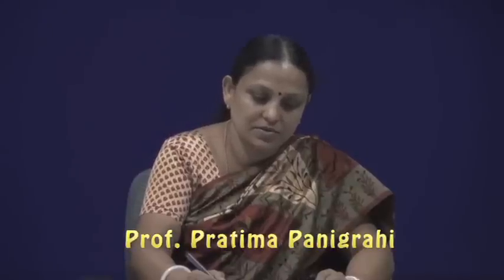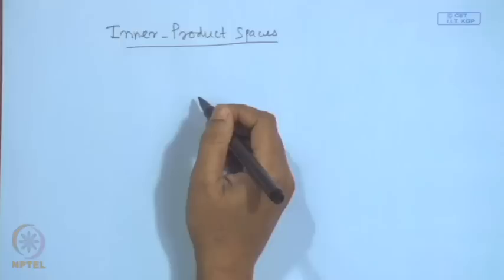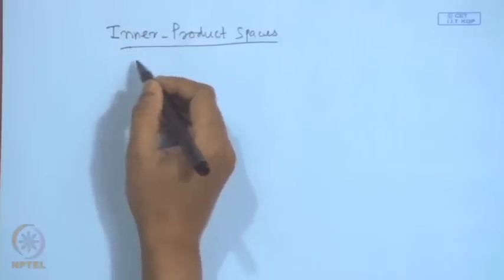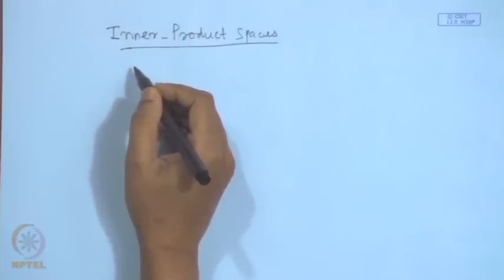Now we shall start a new topic that is called inner product spaces, and this is also a very important concept in linear algebra. Recall that the vector spaces are usually an algebraic extension of Euclidean spaces.